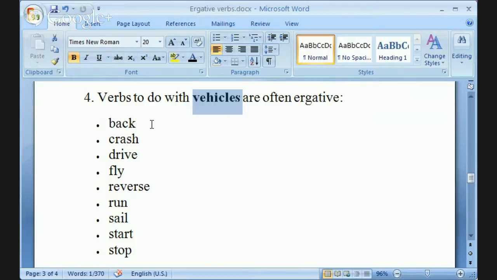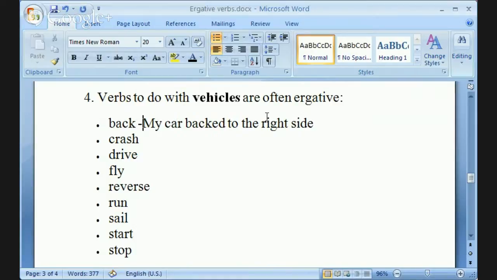Okay, preposition: the right side of the garden.